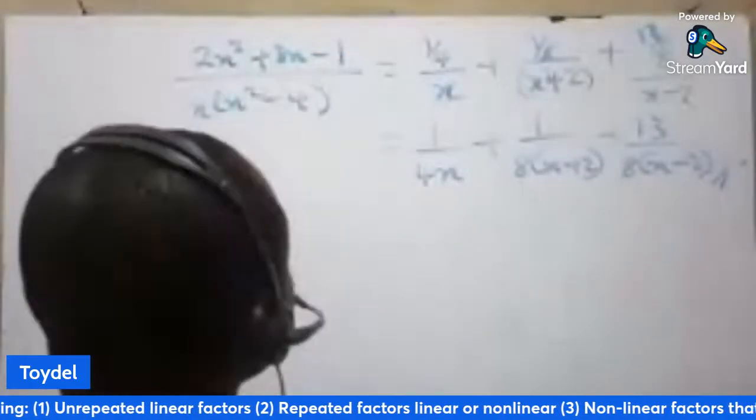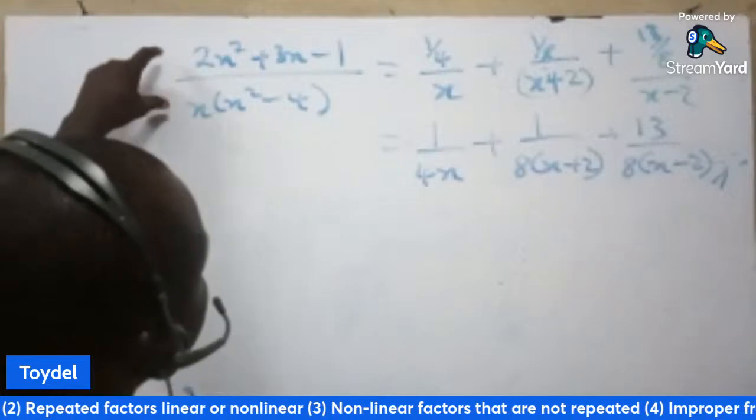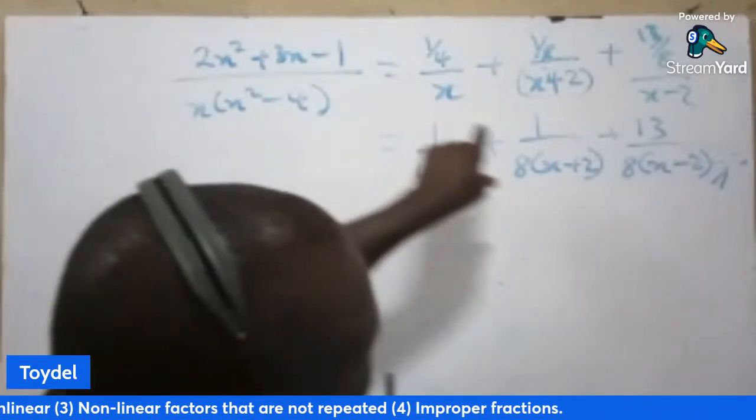And that is what we are going to get. So we have been able to resolve this compound fraction now into partial fractions.